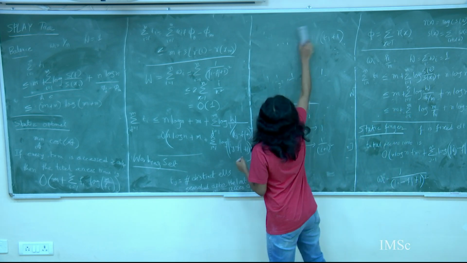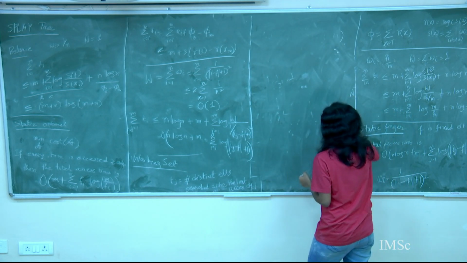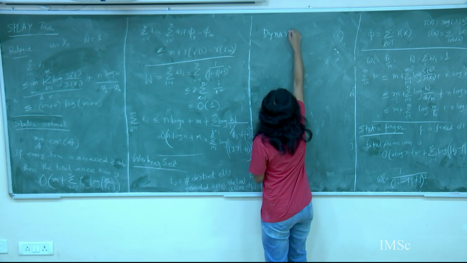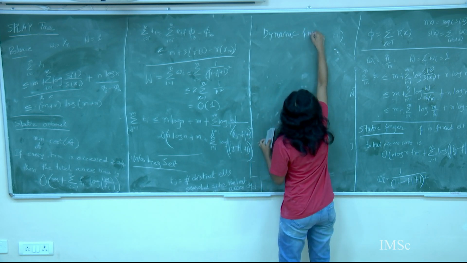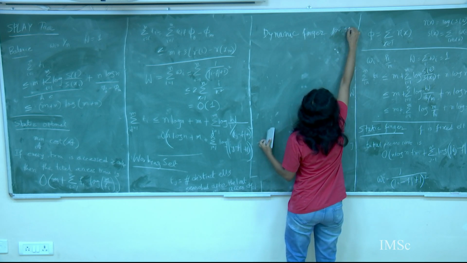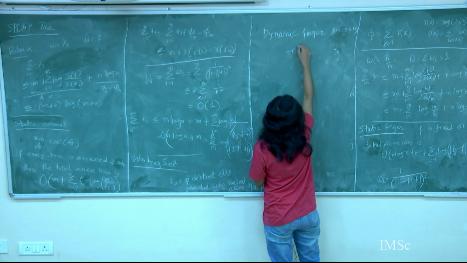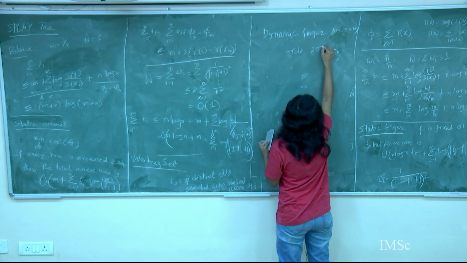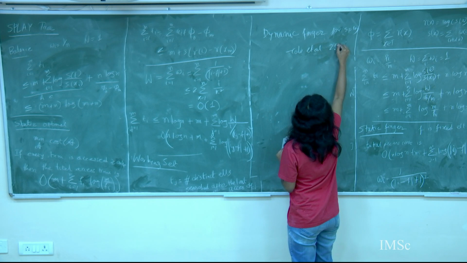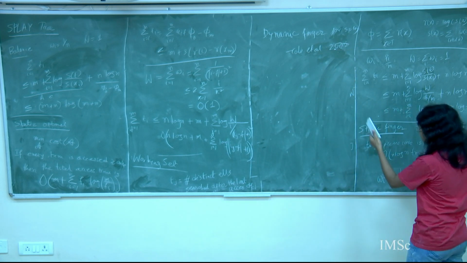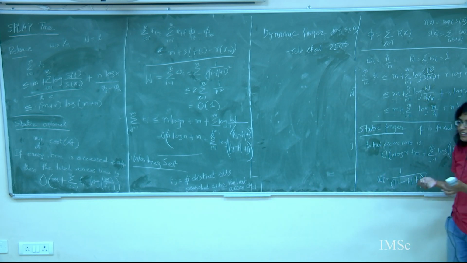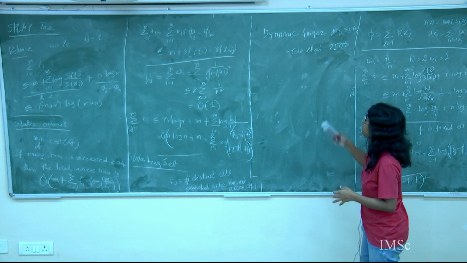So this was a sequence of two papers, very long, total almost 100 pages probably, and they proved that the dynamic finger property also holds for splay.